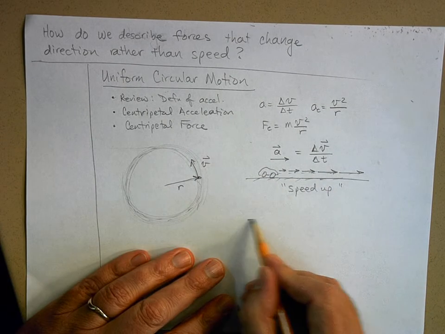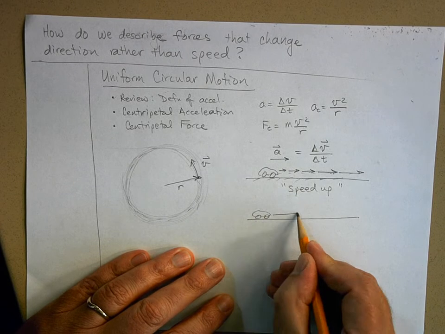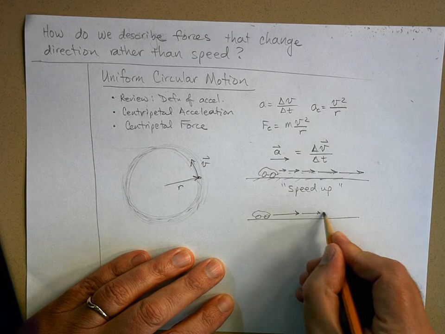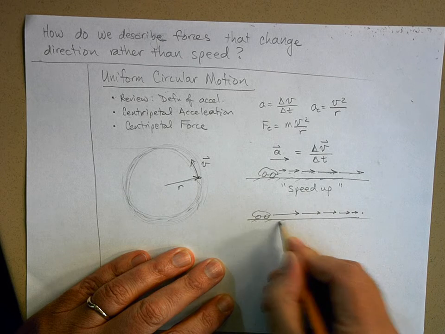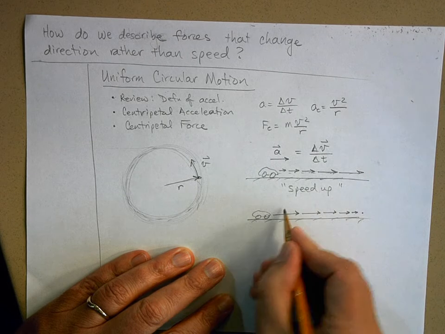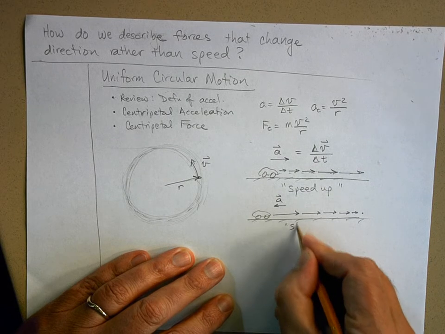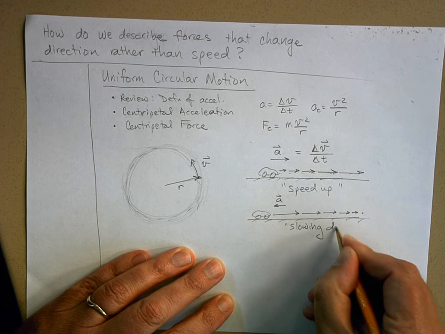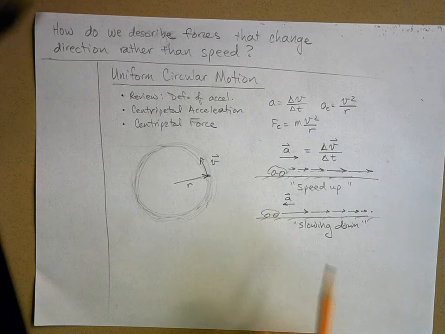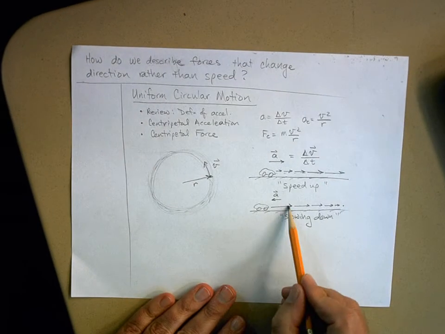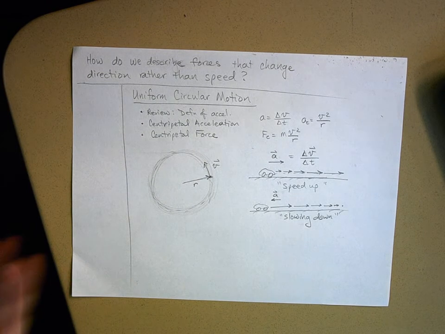Now imagine a car that's going really fast, but then we start slowing down, slowing down, stop. Now the acceleration is in this direction. We call this slowing down. But again, all we're doing is changing the length of the velocity vector. We're changing its magnitude, reducing its magnitude.